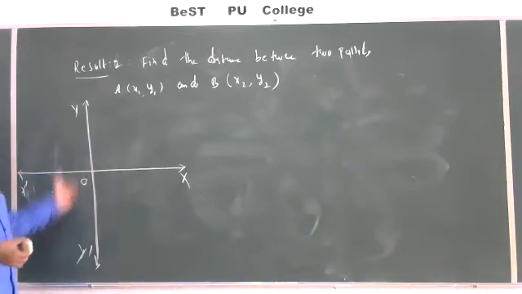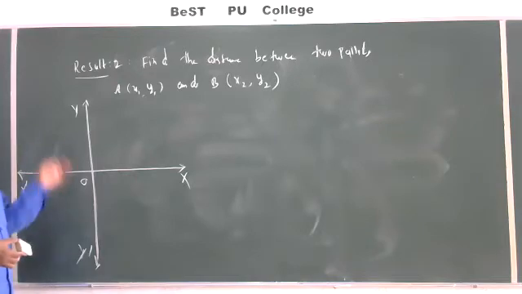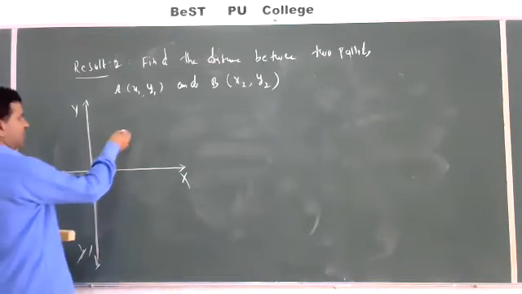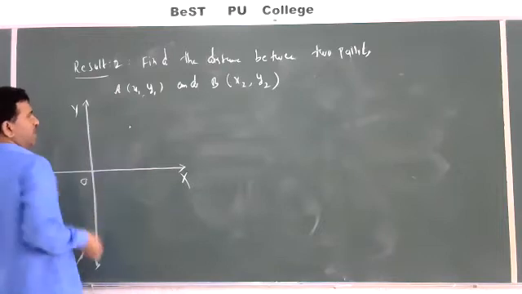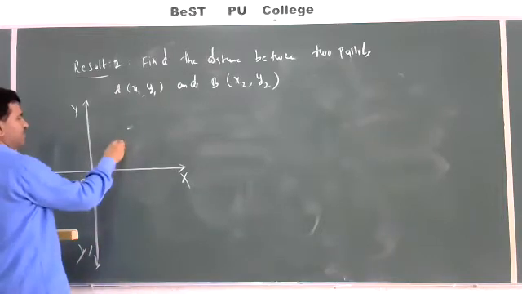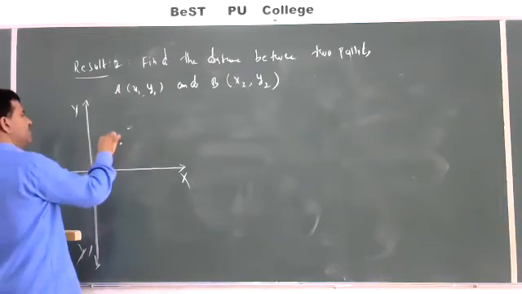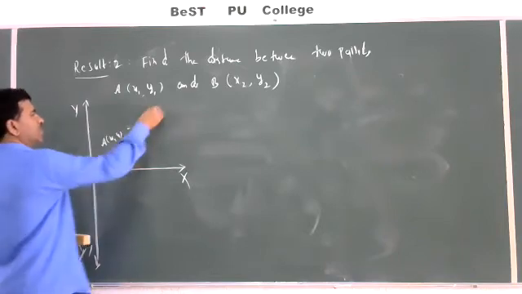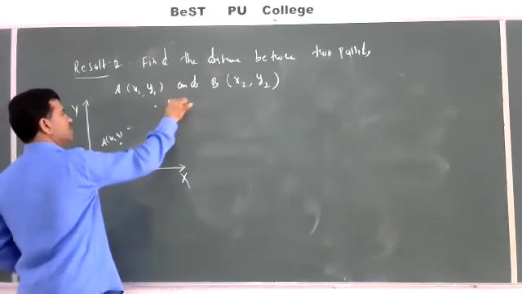Draw the x-axis and y-axis. So now we require 2 points. I'm selecting 2 points. I'm choosing A as (x1, y1) and one more point B as (x2, y2).